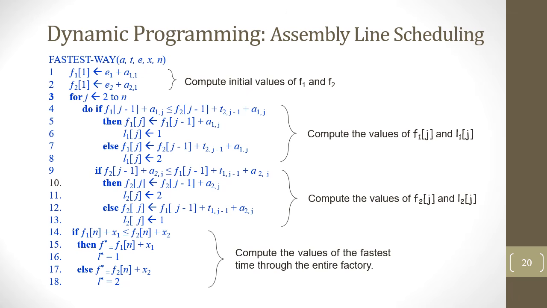Then we compute the value of the fastest time through the entire factory by adding the fastest time to the last station in the line plus the exit time.